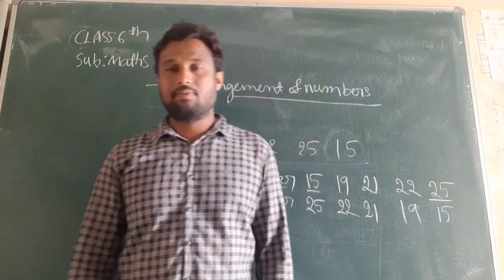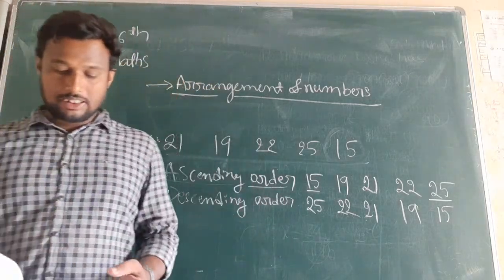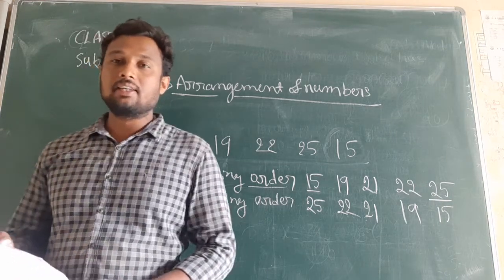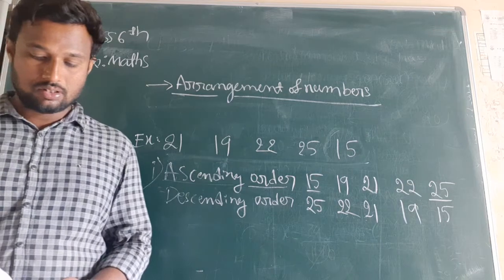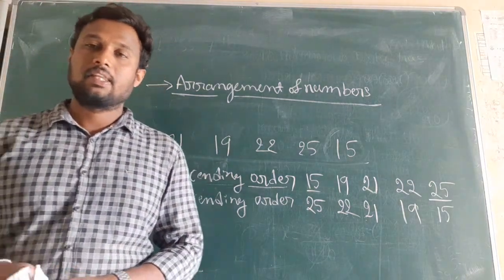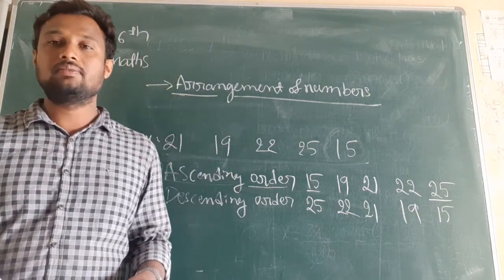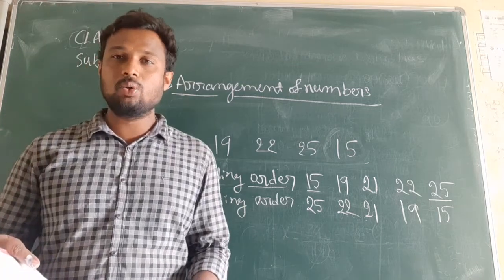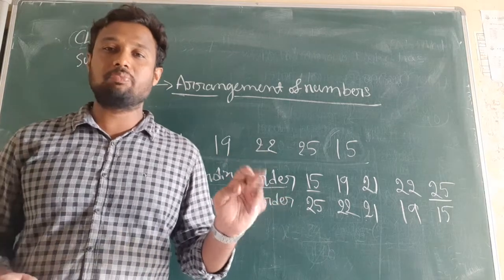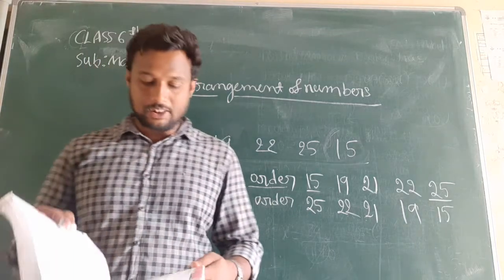Ascending order means arrangement from the smallest to the greatest. Again I am telling you, if it is fast, just pause the video and write the definition.